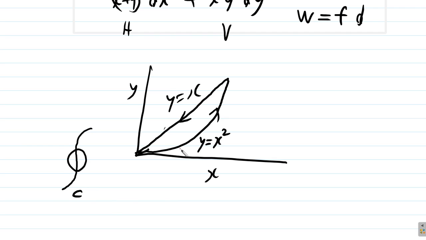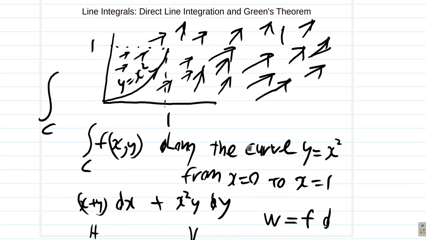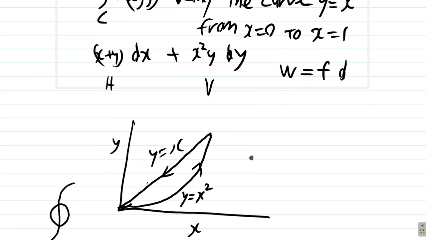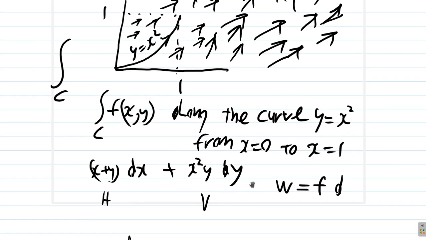So what you're calculating is the amount of work that the vector field, which is the function, would do in moving the particle up here along the y equals x squared and then back here along y equals x. Alright? Now, when we do our example, that will make it clearer. Alright?